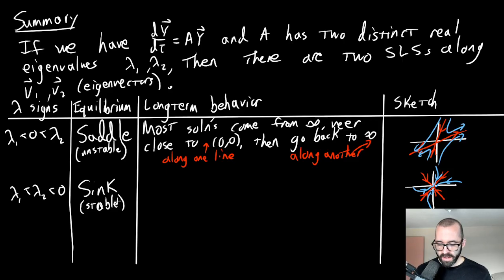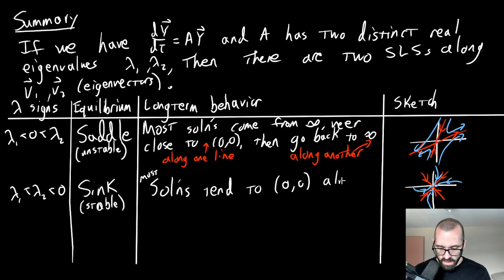Which one? Well, I'll tell you. Solutions, again, most solutions, there are exceptions. All right, if you're approaching along one of these eigenvector lines, most solutions tend to the origin along V2.